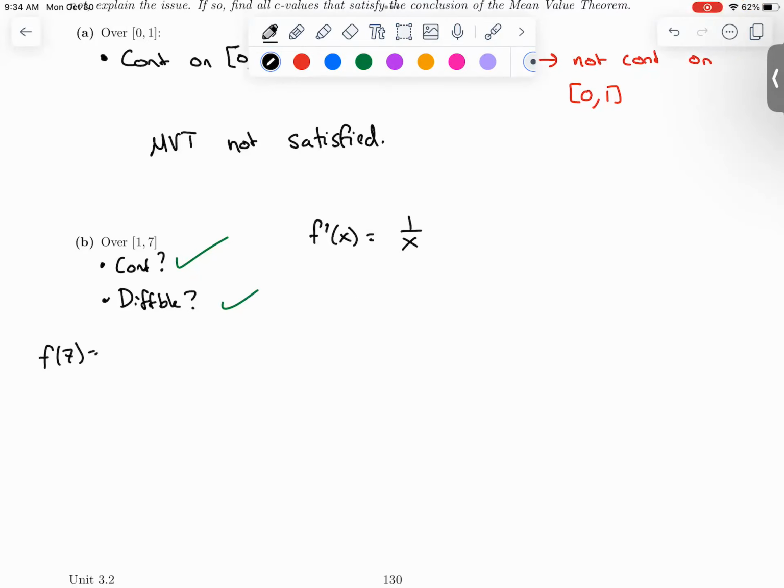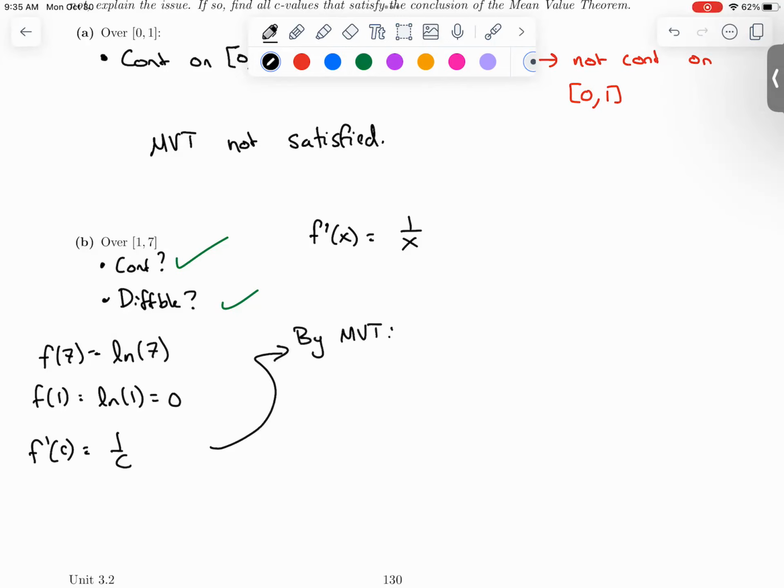So f of 7 is equal to natural log of 7. F of 1 is equal to natural log of 1, which is, what is natural log of 1? 0. And then f prime of c is 1 over c. So by the mean value theorem, f of 7 minus f of 1 over 7 minus 1 is equal to f prime of c, which is 1 over c.